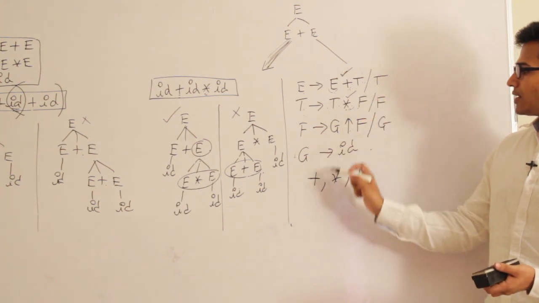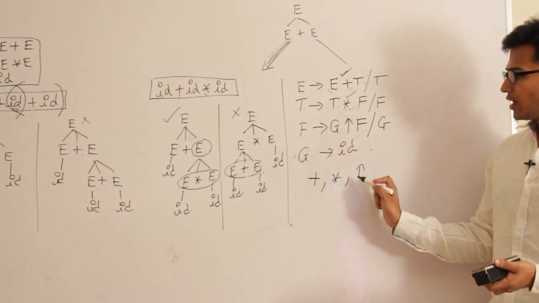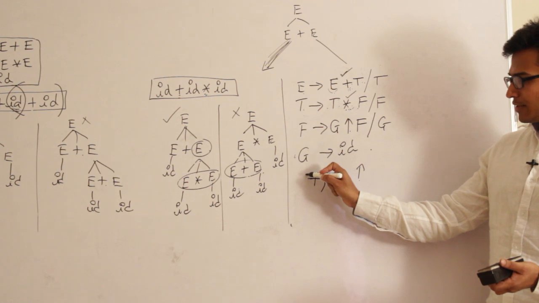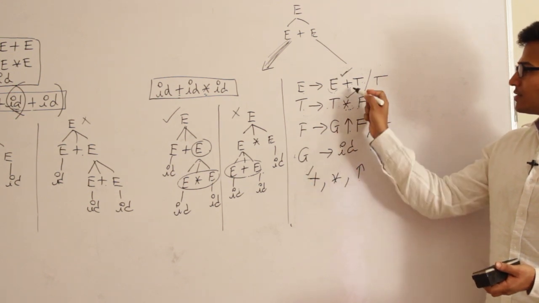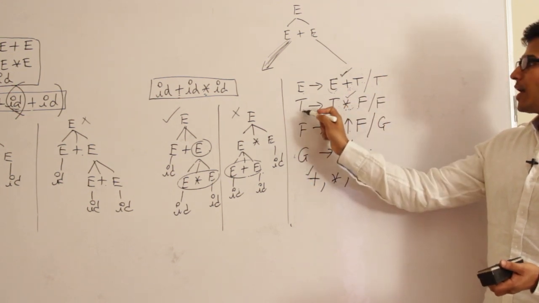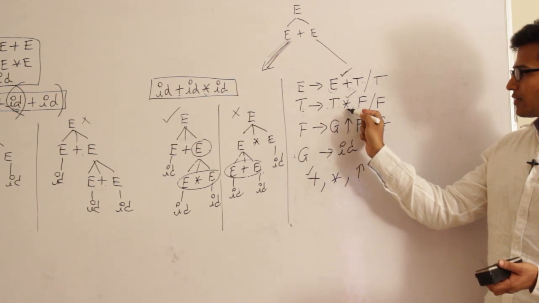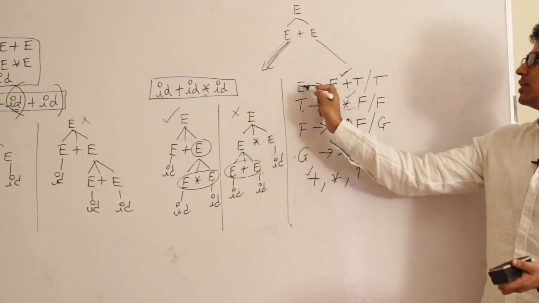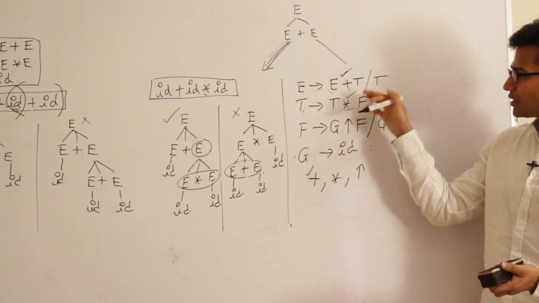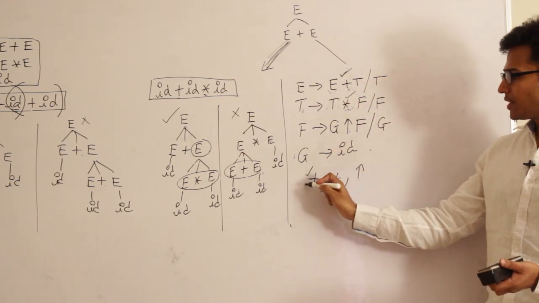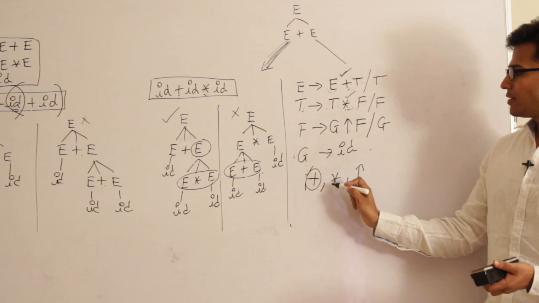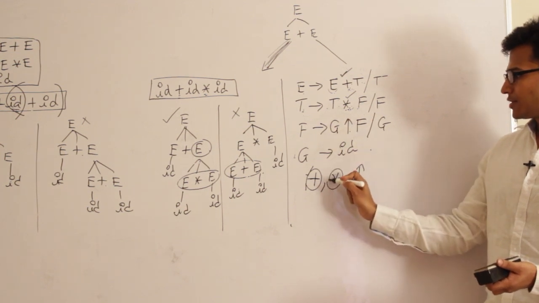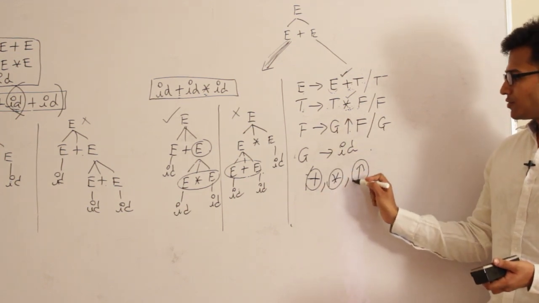Therefore, if I have plus, star and raised to the power of, first we'll generate all the pluses. The reason is, once we go to T and start generating star, there is no way we could go back to E and generate plus. Therefore, this grammar ensures that all the plus will be generated first, then all the stars, and then all the raised to the power of.